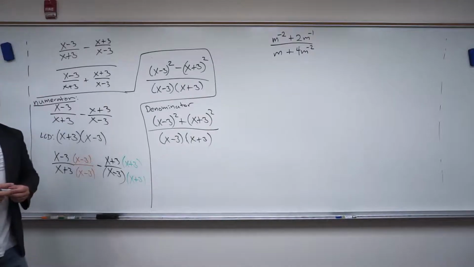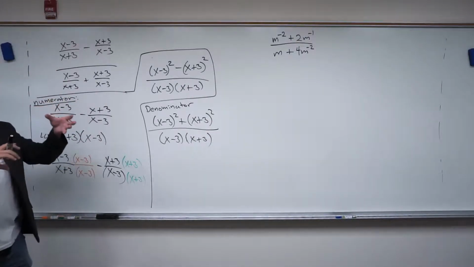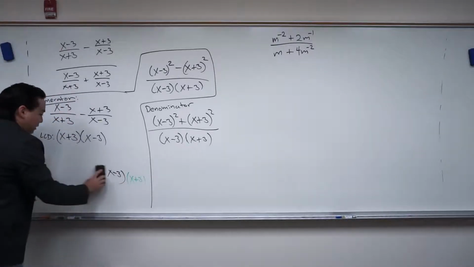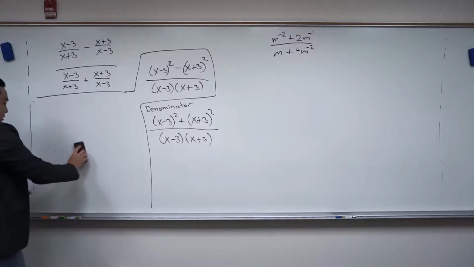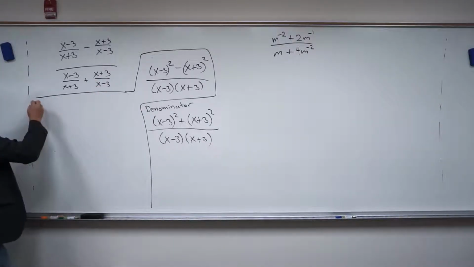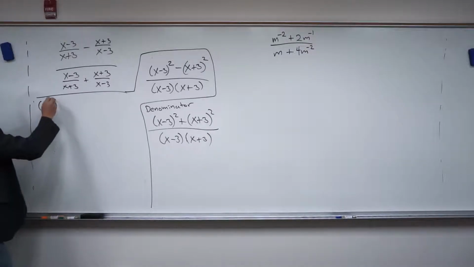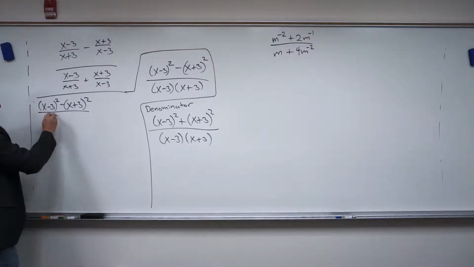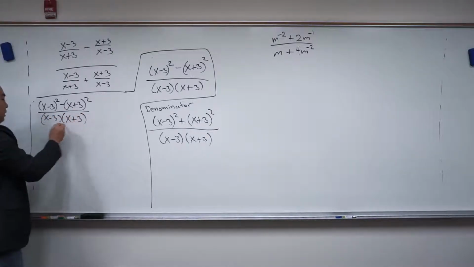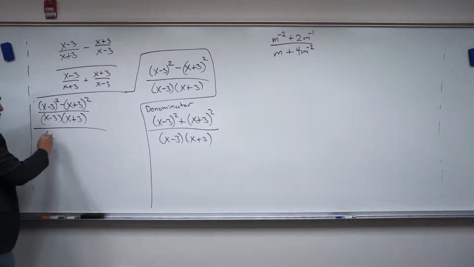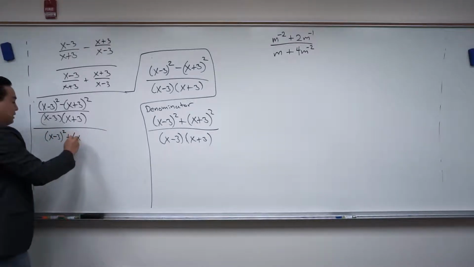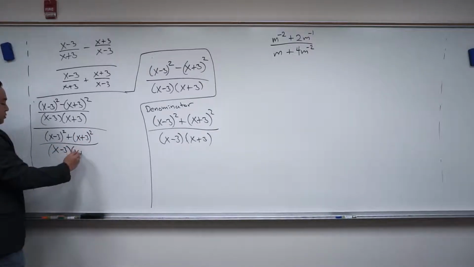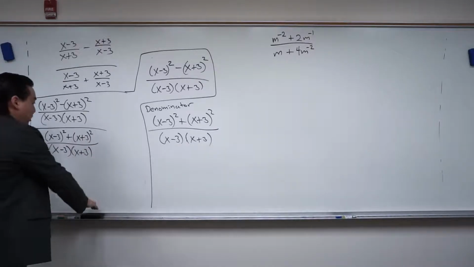Once we have the numerator and the denominator, we're going to take the original equation, right, flip the bottom, and then multiply to the top. So I'm going to erase this one part. So we have that whole thing, and yes, it does look a little nasty. And it's all divided by the denominator, which is x minus 3 squared plus x plus 3 squared, divided by x minus 3 times x plus 3. Now that I have that written out, I'll go ahead and erase all of this.